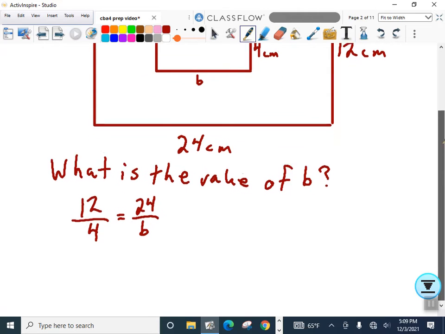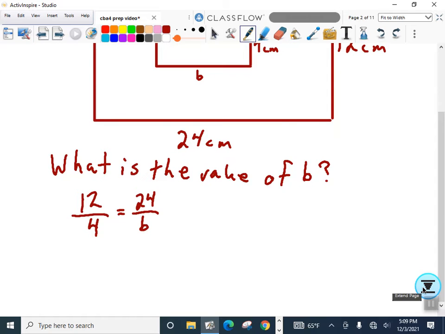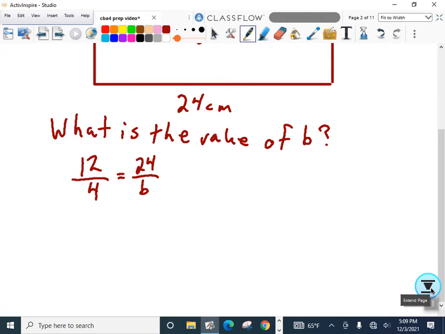So let's take a look on how we can solve this problem. Essentially what we're saying is whatever we use to increase 4 to 12, we're going to take whatever B is and increase that to 24 by the same rate. So if we take 12 divided by 4, this is going to give us 3.